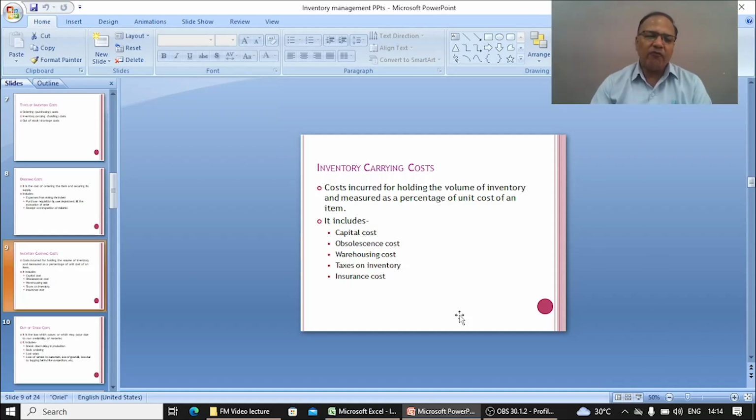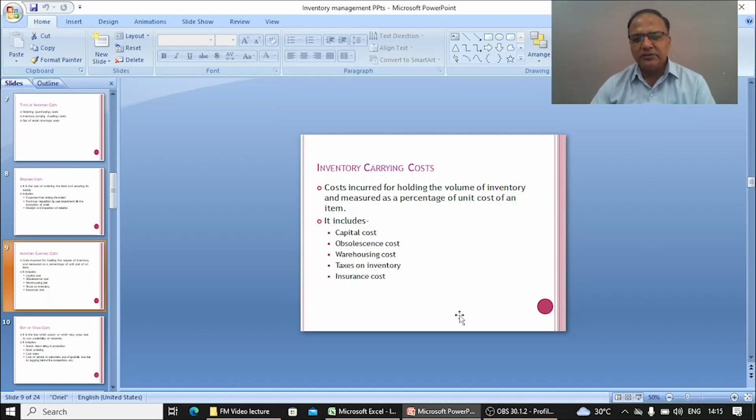For example, if we are ordering 1 lakh units of raw material, and suppose the cost per unit is rupees 10, it means 10 lakh rupees you have to keep in the form of stock, and you have to keep it for a longer period. So the amount which is stuck in the form of raw material or finished goods is called capital cost or cost of financing.